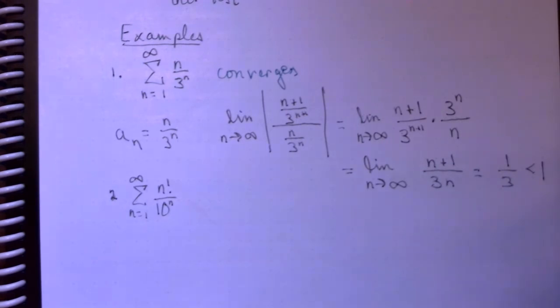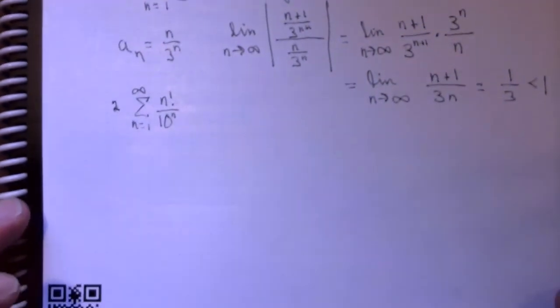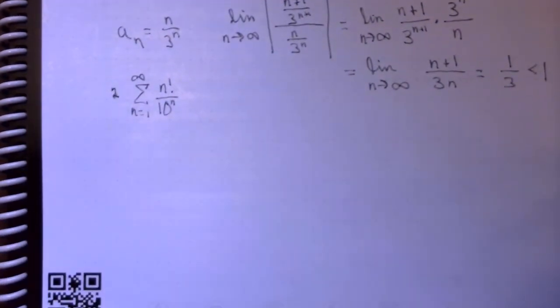Okay, let's look at this next example here. We've got n factorial over 10 to the n.